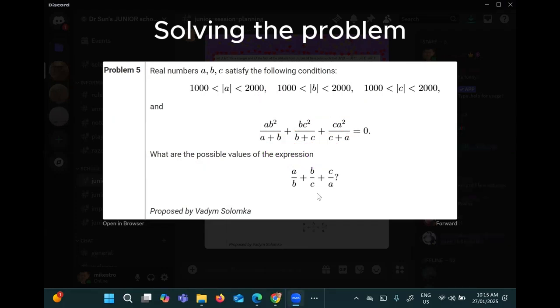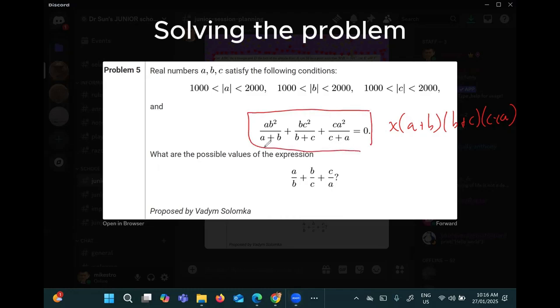Yeah, when you see me do it, it's always going to look a bit cleaner than it really is. Usually you expand everything and it gets all messy and then you're trying to figure out a nice way, right? But if I multiply this expression by (a plus b)(b plus c)(c plus a), this one already has an a plus b, so the a plus b will cancel. Okay, we clear the denominators on this one, so you get ab squared times (b plus c)(c plus a), plus bc squared.